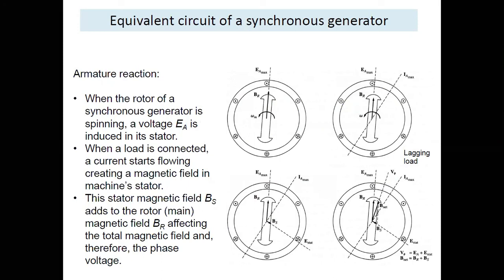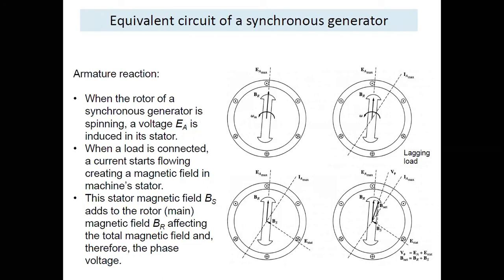In the initial part of the working of a synchronous generator, as the field winding is placed on the rotor, it produces a magnetic field in the air gap between the stator and the rotor. This magnetic field is cut by the armature conductors.